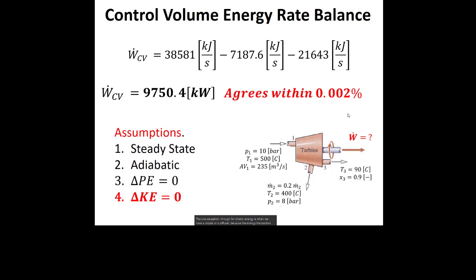So kinetic energy is really important in nozzles and diffusers. So when we end up talking about heat engines, that means kinetic energy is really important in turbojet engines, the kind of engines you'd see on a jet plane. But other than that, kinetic and potential energy probably aren't going to be all that important.